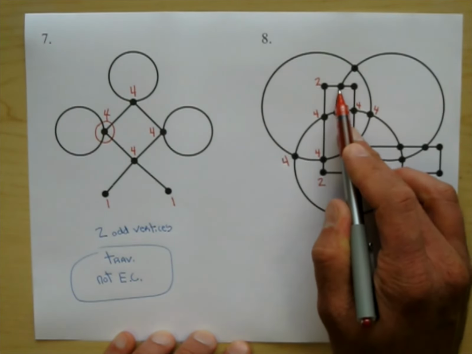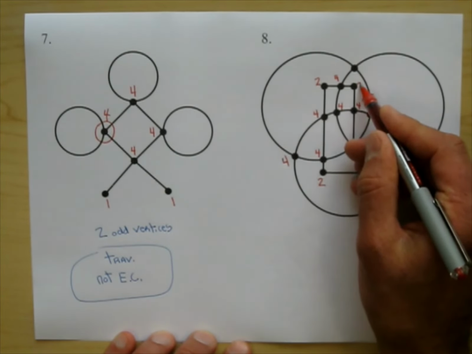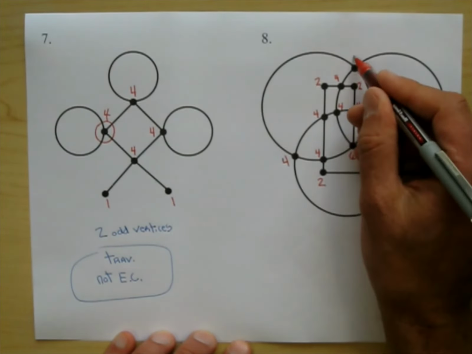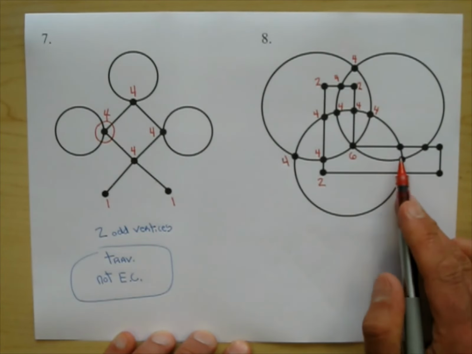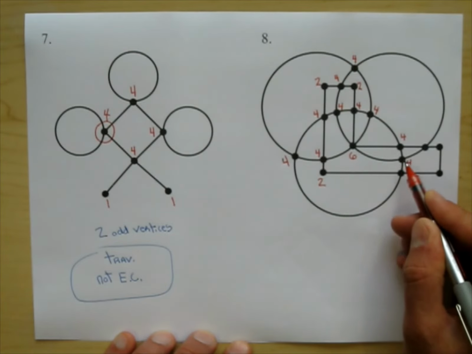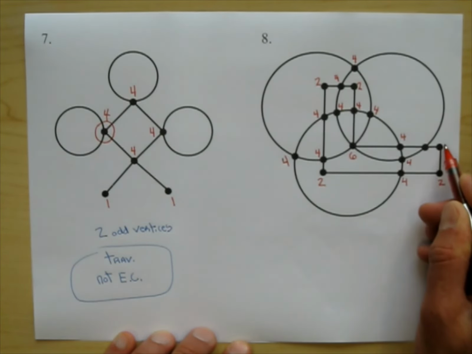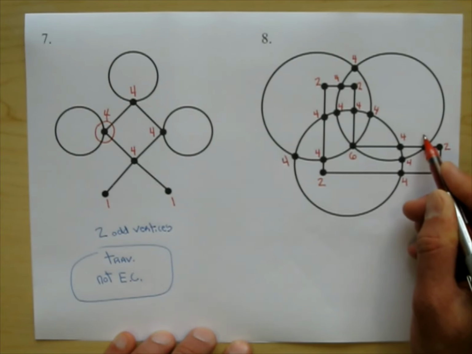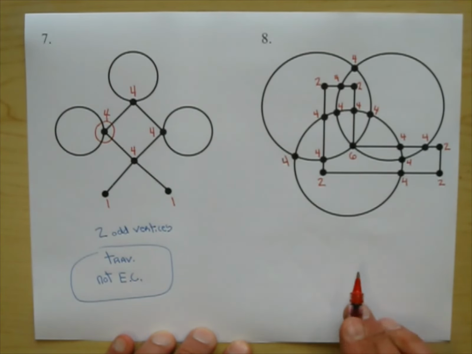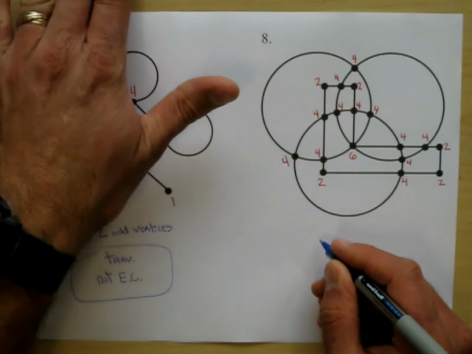2, 1, 2, 3, 4, 2, 4, 4, 4 for that guy, 4, 2, 2, and then there's this guy 4. I hope I got them all. Looks like a bunch of even numbers. You have, how many odd vertices?